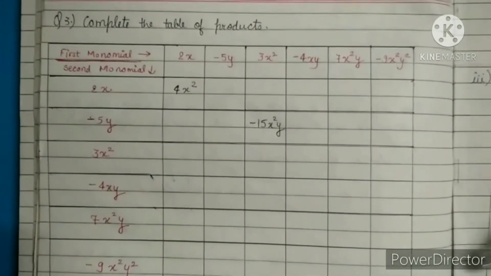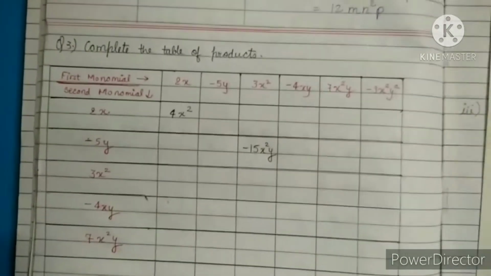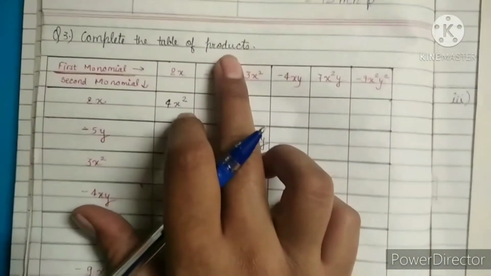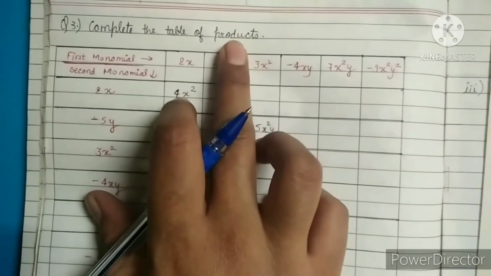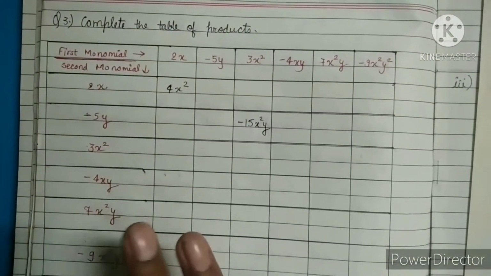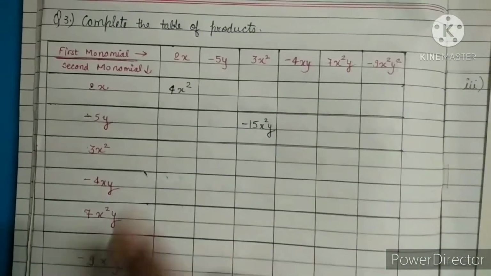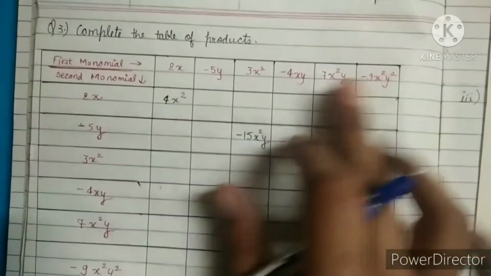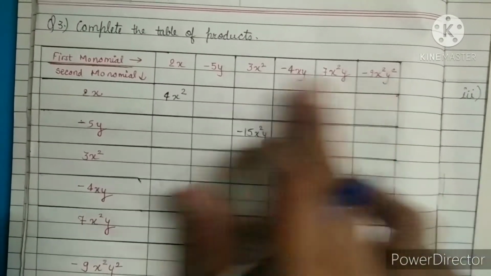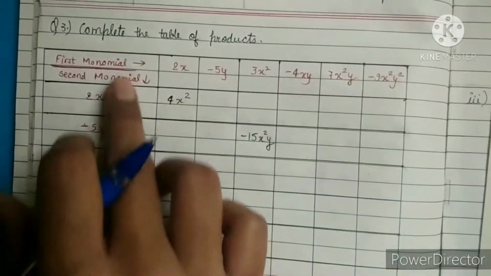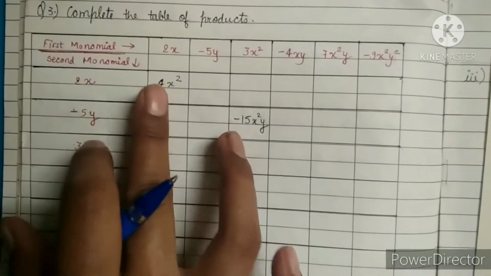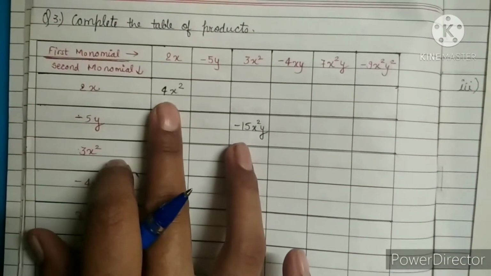Question number 3 is to complete the table of products. It means in this table a product is happening, but how is the product happening? Let's study the table. Here in the first column and first row we have monomials. It means here is the first monomial and here is the second monomial. Two places are given in the question as an answer.